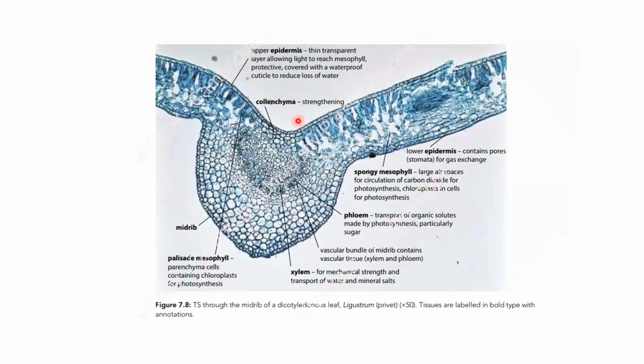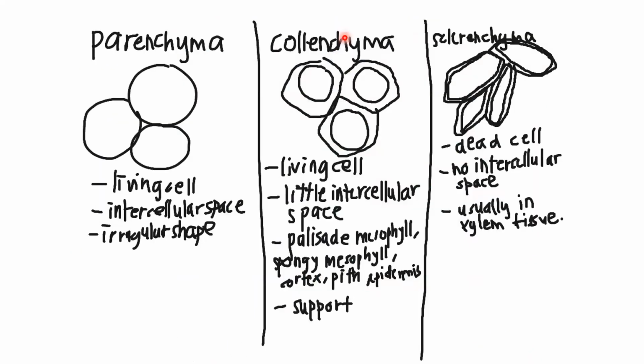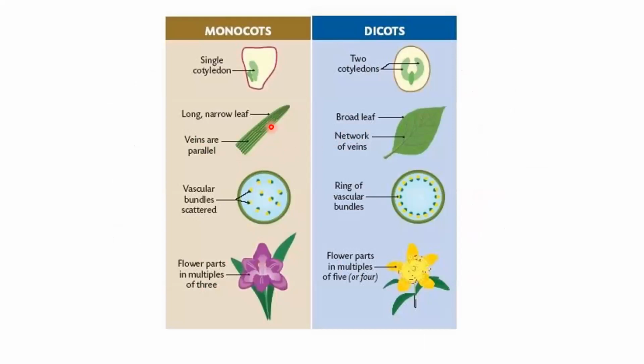Now look at this one. This is a leaf cut in the center. So you can imagine this is the rib of the leaf, right? In the center you have the rib going through, and you should know by this point that these ribs or veins are actually vascular bundles, right? Because what are veins?